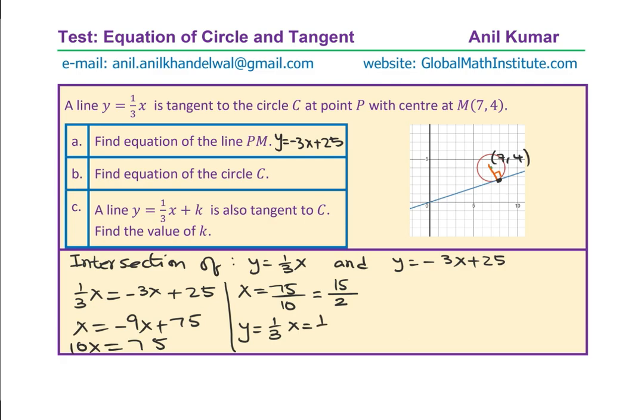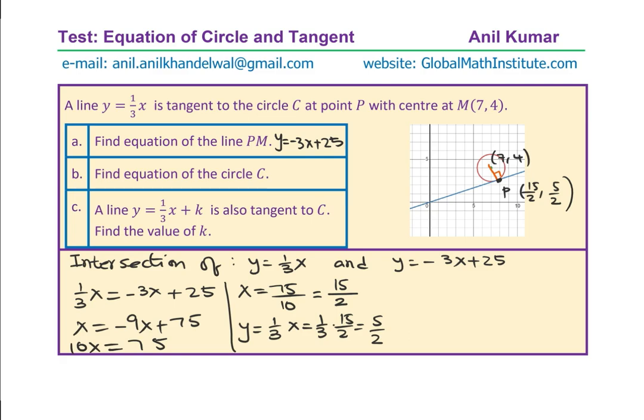So I can say 1/3 of 15 by 2, which is 5 by 2, correct? So we get this point P with x coordinate 15 by 2 or 7.5 and y coordinate 5 by 2 or 2.5, right?